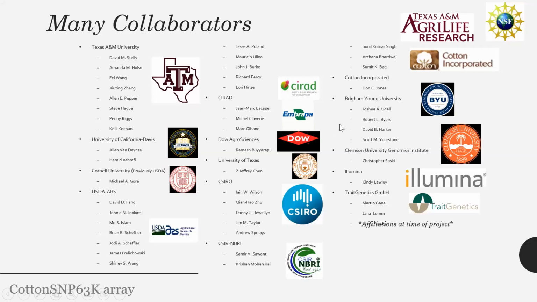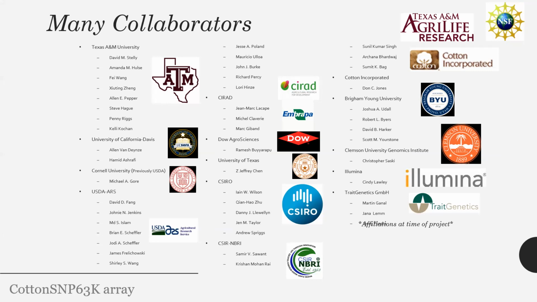What I'd really like to point out is that these interdisciplinary projects are quite big initiations. So this is all of the people that had participated in the development of the initial cotton SNP 63K array. And you can see that that includes multiple public and private institutions, both in the US as well as internationally, and multiple different funding sources.